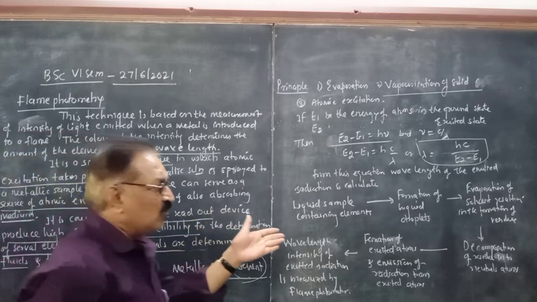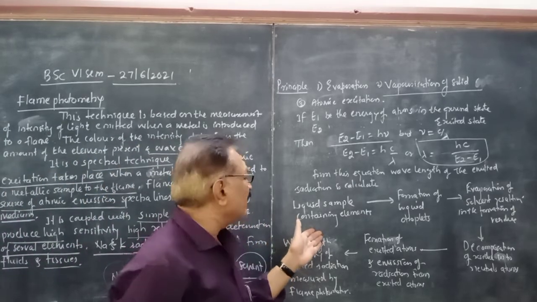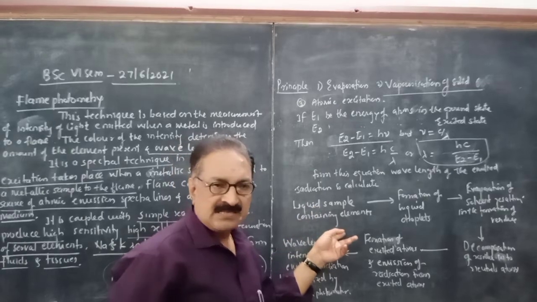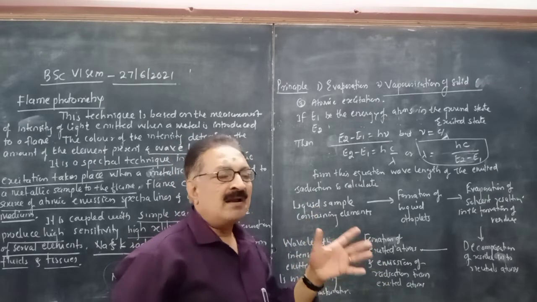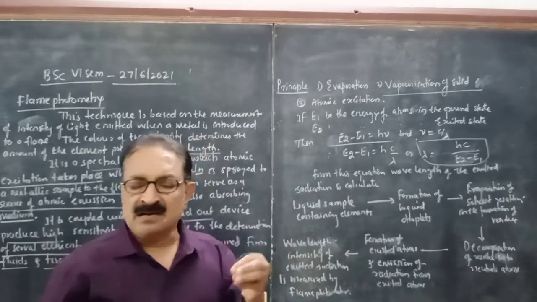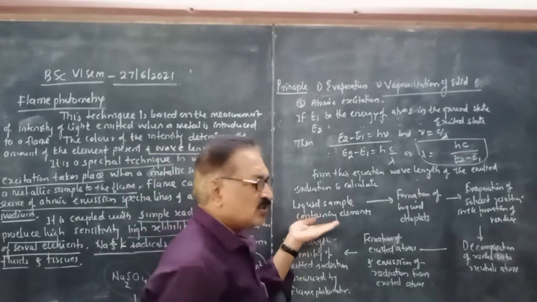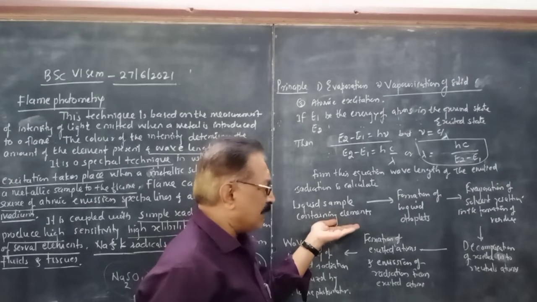I have given the flowchart of the flame photometric technique. Here, the liquid sample containing the elements, meaning any component or compound, is dissolved in a suitable solvent, and you get the solution of the sample containing elements.